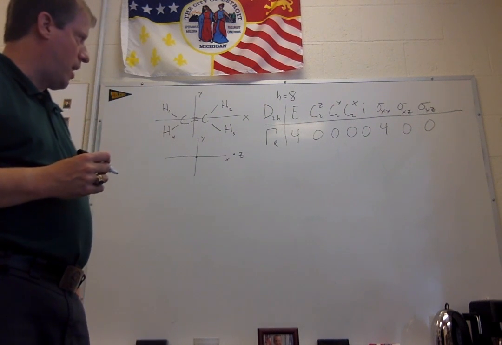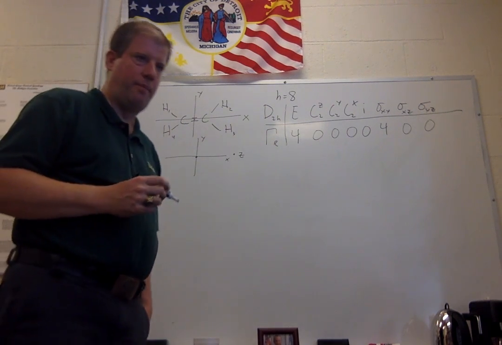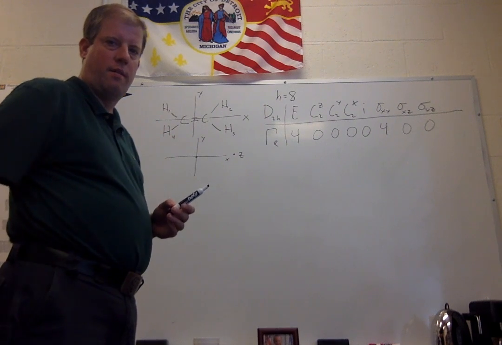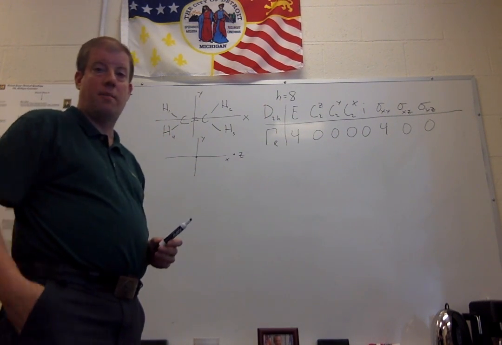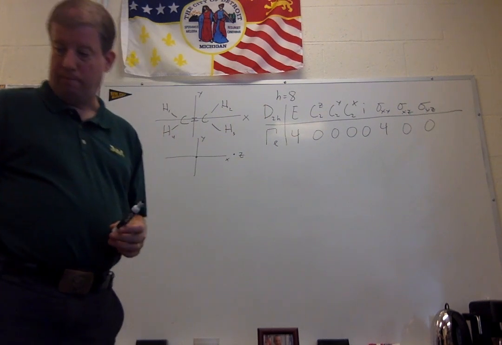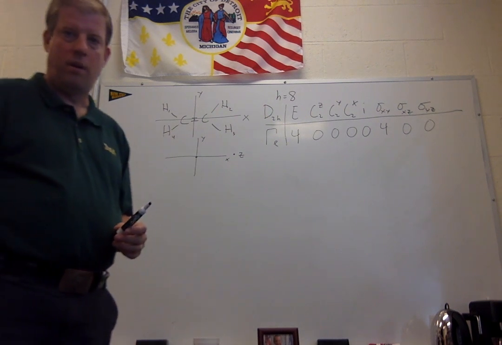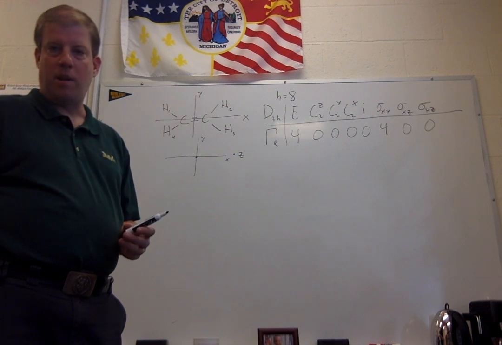So now we're going to reduce our reducible. And so what you're going to do is test each symmetry against gamma r to see how many times each symmetry contributes. Now if you look at your character table, they're all singly degenerate. Some are A's, some are B's.